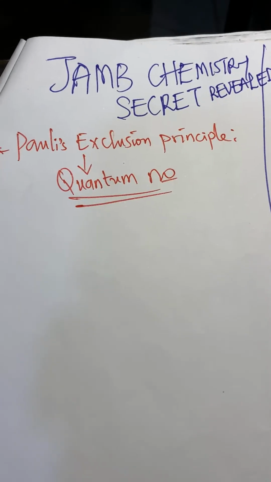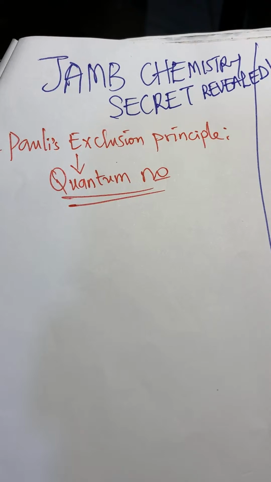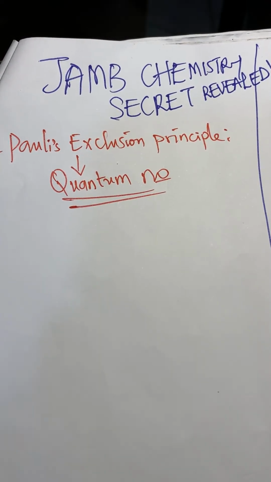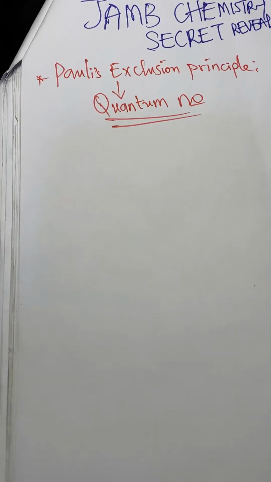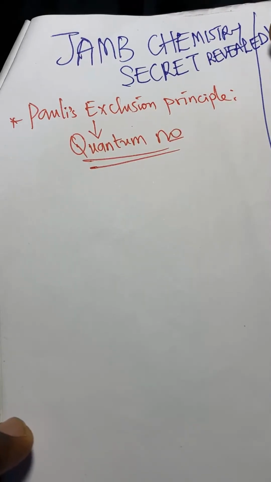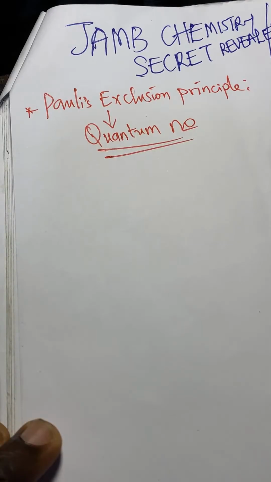Last time, for those of you that have been consistent, while we were in this media space, we started from the very elementary part, which is the first part of your JAMB Chemistry, what you need to know before sitting for this exam. We started with matter. I told you matter is anything that has mass and occupies space.